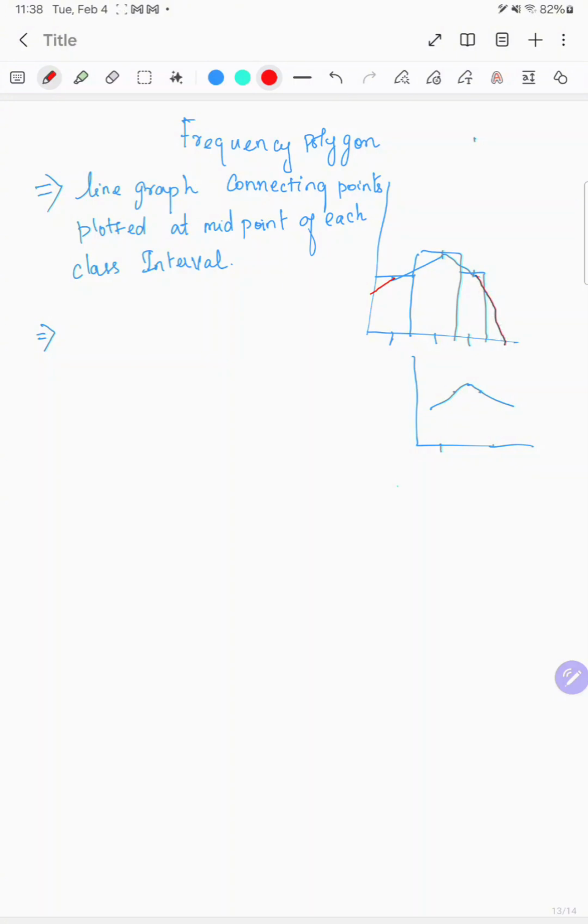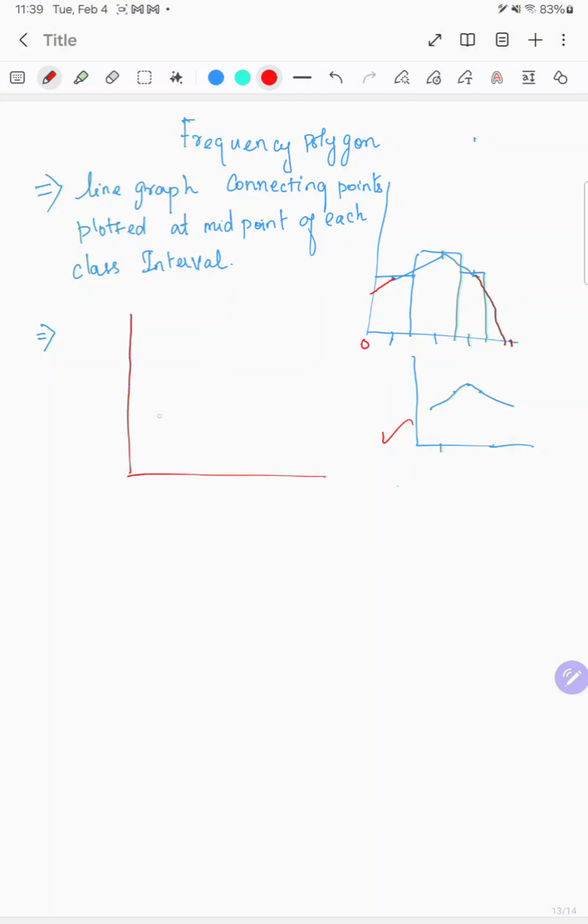If the histogram starts from 0 here, it cannot come down, so it will join the vertical edge of the y-axis at the midpoint. Similarly, it will go through one other class interval marking the center point there, and it will come to the other point on the x-axis. Generally this is the way a frequency polygon will be drawn.